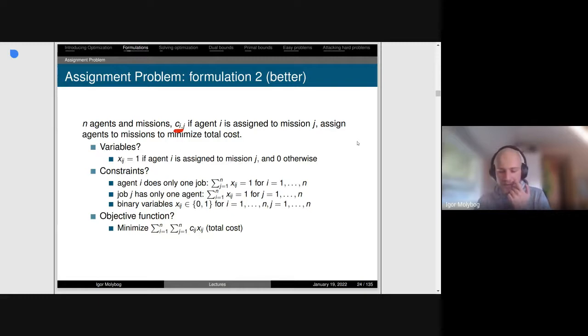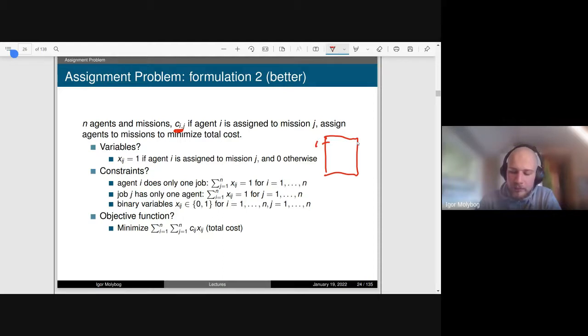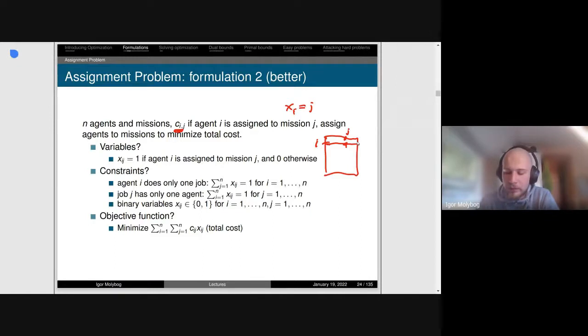Now we're going to have a matrix which has essentially a very similar functionality. In a row i, we're going to put a row vector of zeros and ones, and if our xi from the previous formulation was equal to j before, then the j's position on this row i is going to be equal to 1, and all of the other values in this row are going to be equal to 0.